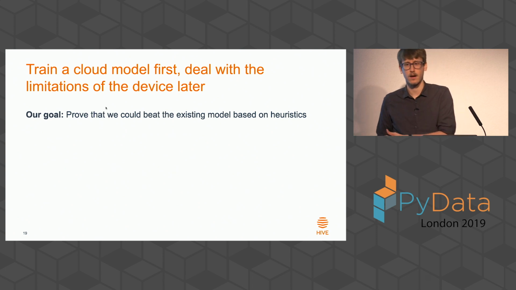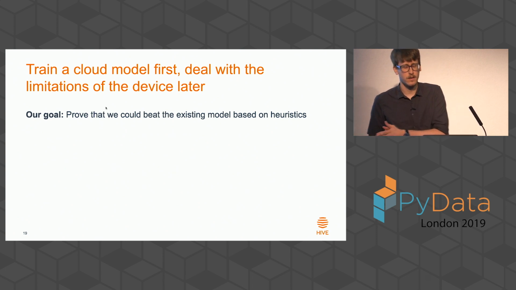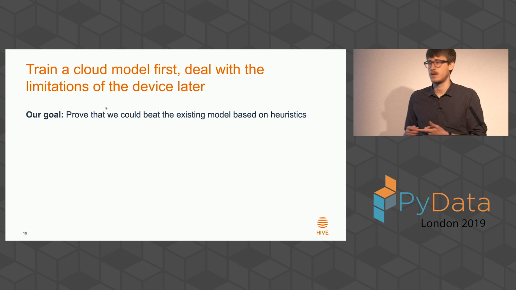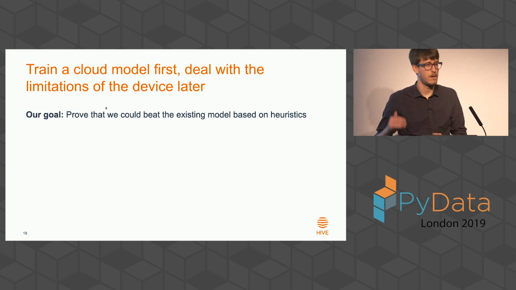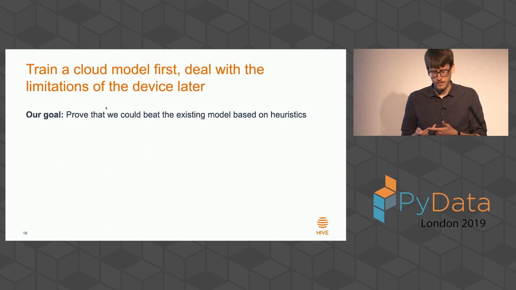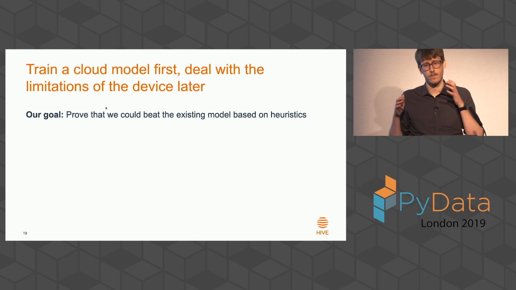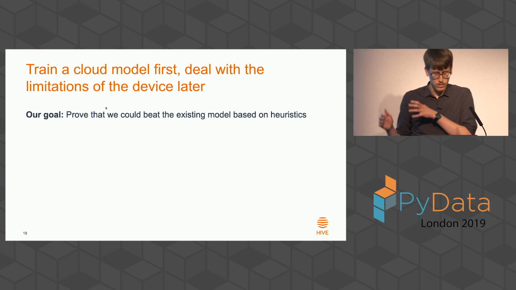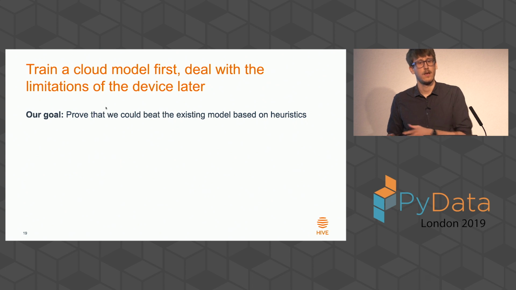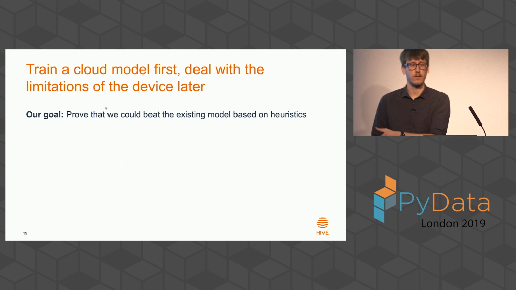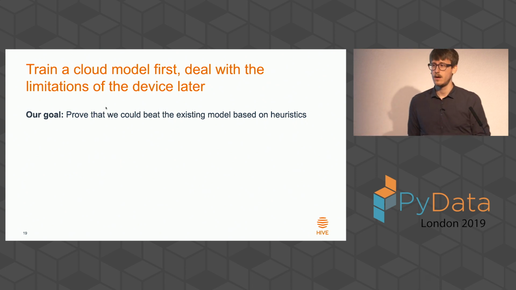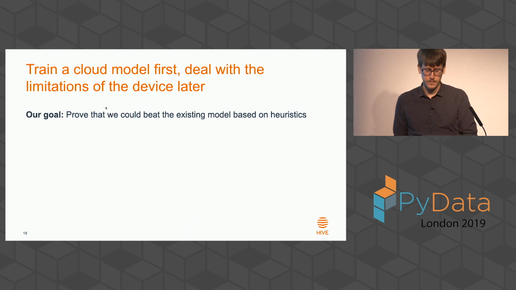And we always start with a simple heuristic, because that, first of all, gives us a benchmark or something to beat. But also, as I showed you already, we need to get as fast as possible to real houses. So we want to have some model running on the device when we just start our trials.